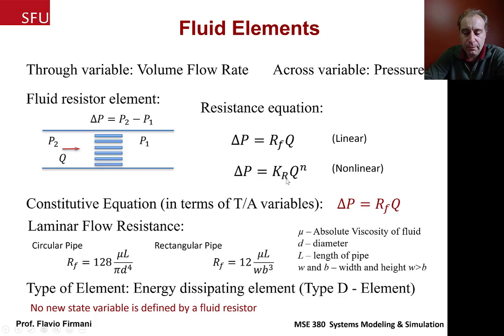Now, in many cases, that n and that k are going to be values that would have to be determined experimentally to determine the proper value of these parameters. Now, for what we're going to do in this course, unless you want to include a nonlinear term in your project, we're going to consider the linear case.